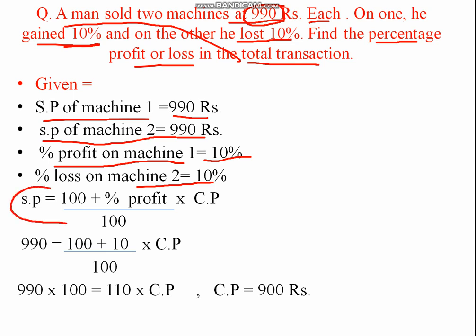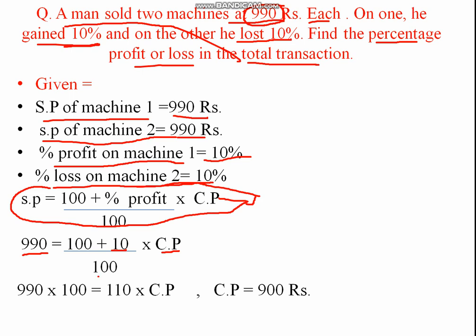We know this formula: SP is equal to (100 plus percentage profit) upon 100, into CP. So use this formula and find out the value of CP. For machine 1, SP is 990 rupees, (100 plus percentage profit, which is 10) upon 100, into CP. We have to find CP here.